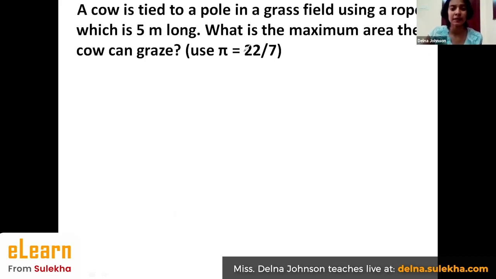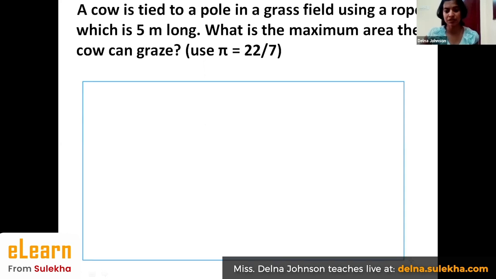Now say you're taking this as the grass field, and a pole is fixed here, and a cow is tied here with a rope of 5 meters. So from the center, it's tied here, 5 meters long. So now you need to find the maximum area which the cow can graze. The cow can graze in a circular region like this.